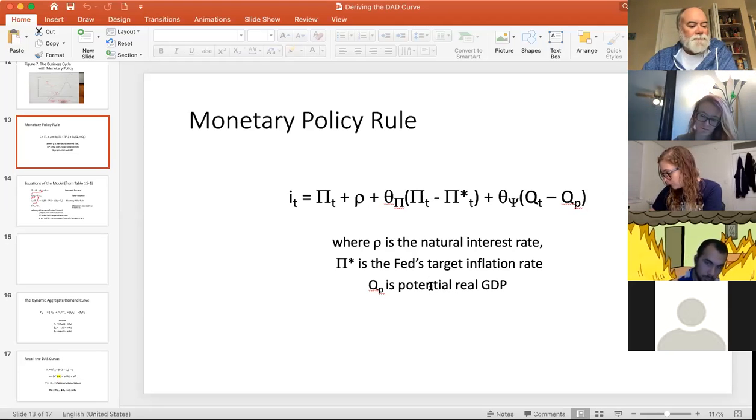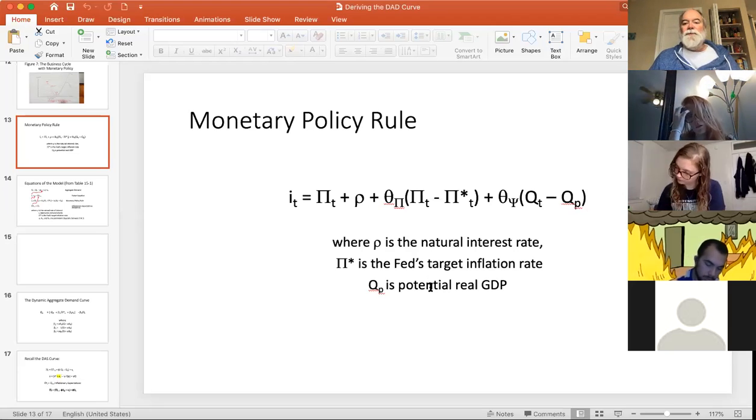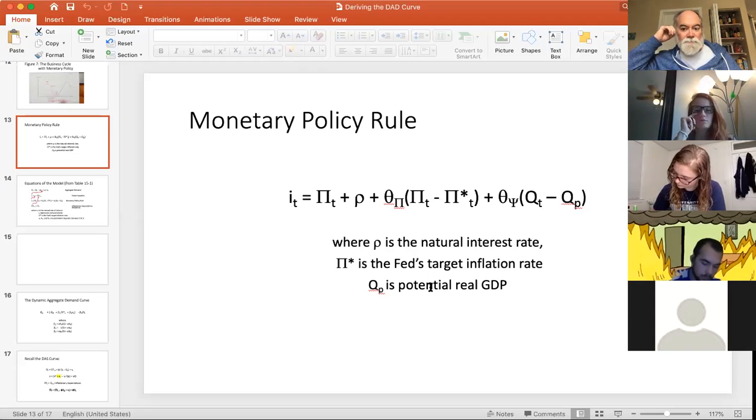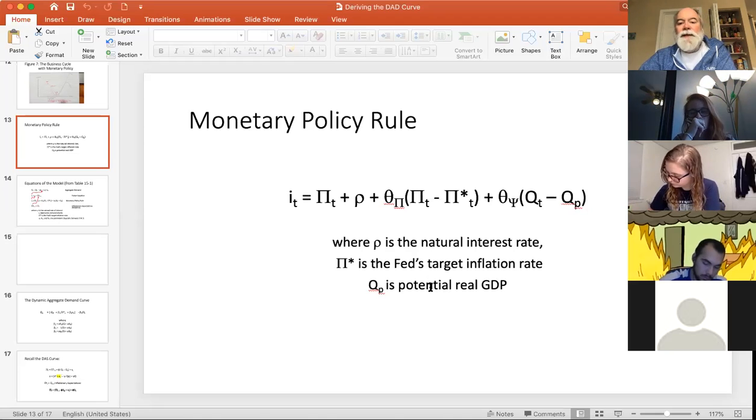Okay, so what does this monetary policy rule say? Let's suppose the economy is at full employment, so the output gap, Q minus Q P, is 0. So that last term drops out. Let's also assume that the actual rate of inflation is equal to the Fed's target. So that middle term drops out.